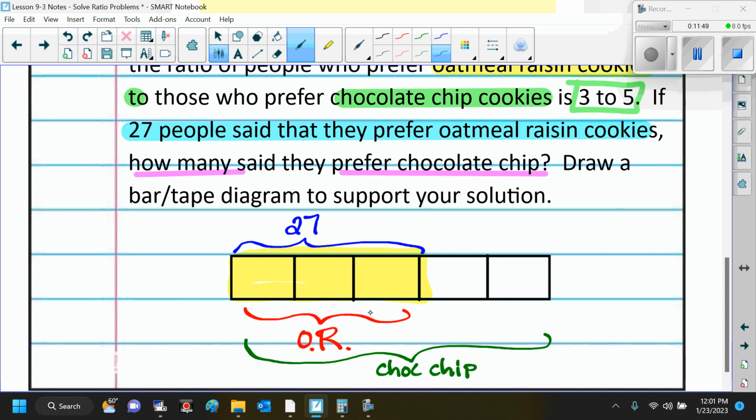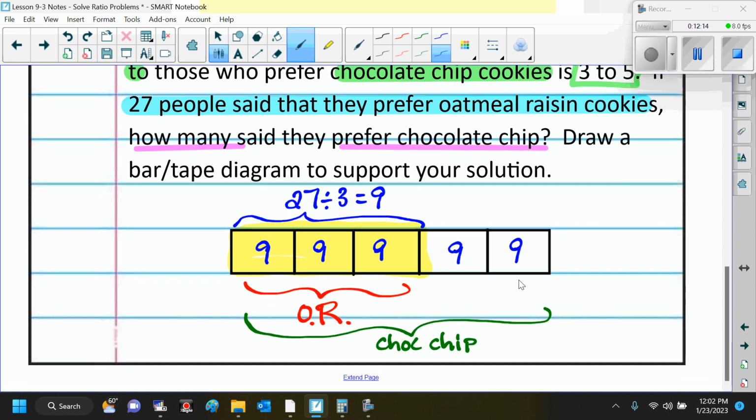Because we have a total of 27, and there's 3 boxes, we divide 27 divided by 3, and that gives us the 9 in each box. Is everybody clear? So that's 27. Now, all of the boxes have to have 9 in it. So now you can figure out how many prefer chocolate chip.